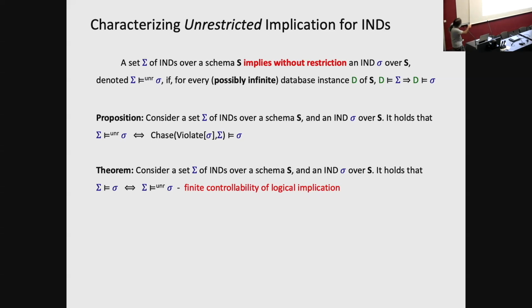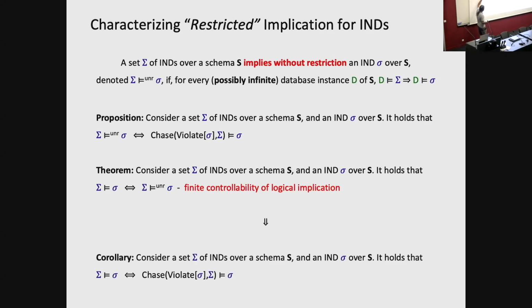So the set of inclusion dependencies entails sigma in a restricted way, in the sense that only finite databases are considered, if and only if the same holds in the unrestricted case, which means both finite and infinite databases are considered. This is not true in general, but inclusion dependencies are well behaved and allow us to prove this thing, which is called finite controllability of logical implication.